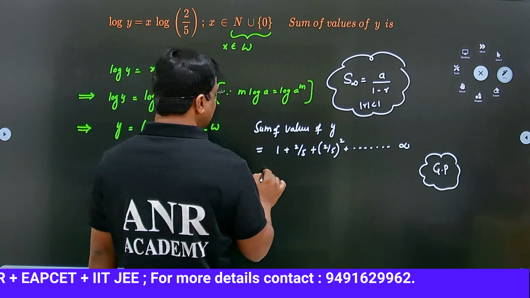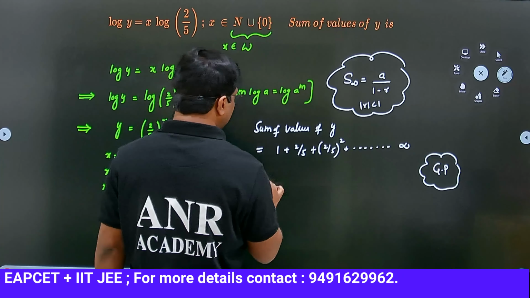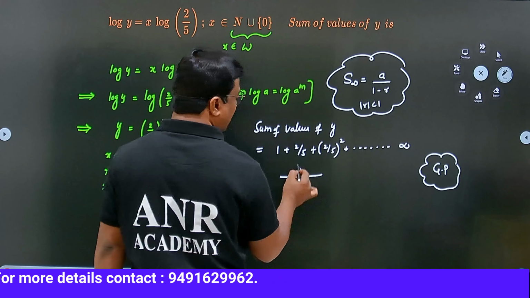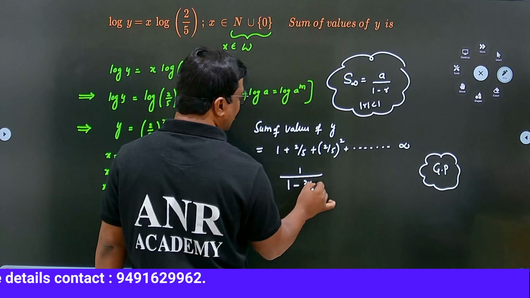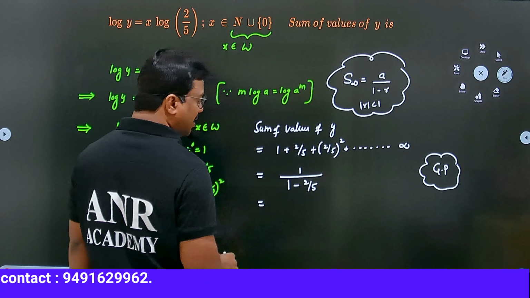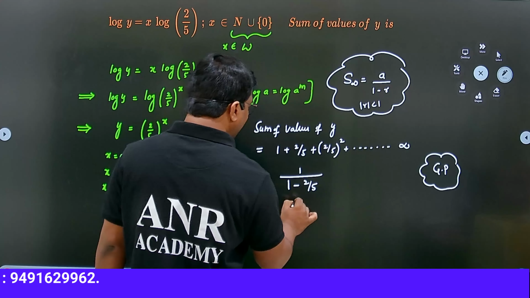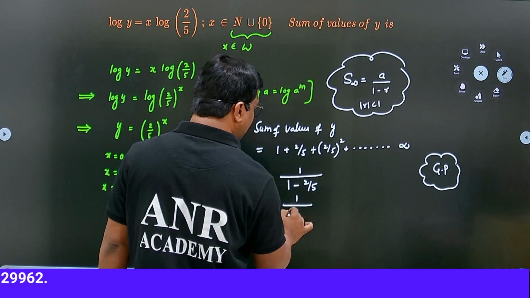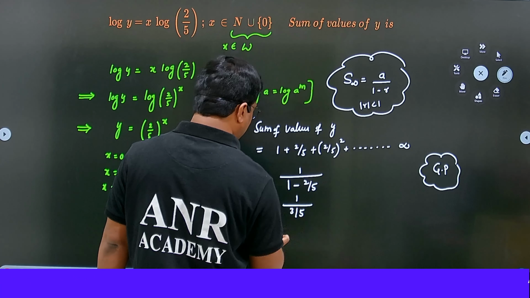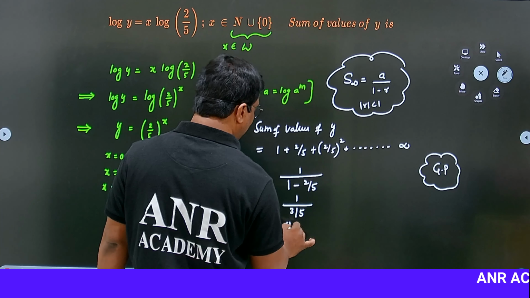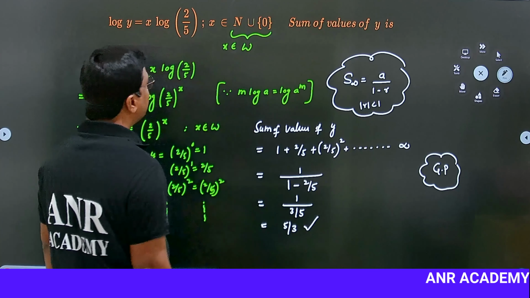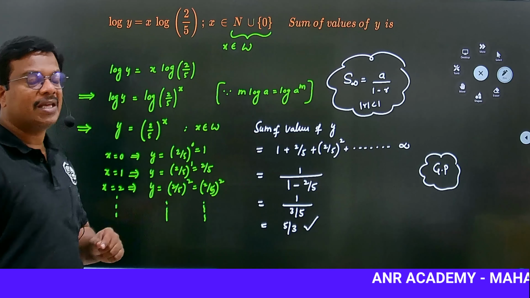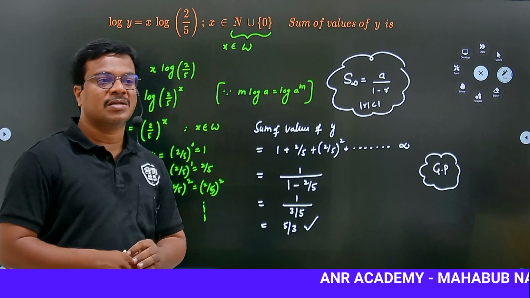So you can apply this result, a by 1 minus r. a is nothing but the first element, and the common ratio is 2 by 5. On simplification we get 1 by 3 by 5. Finally we get 5 by 3. This is the sum of values of y in this question.